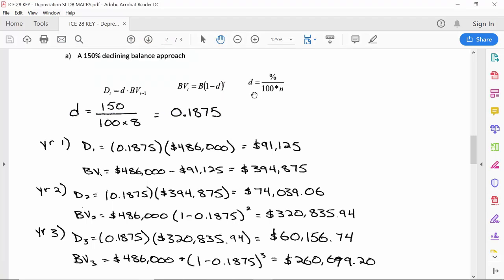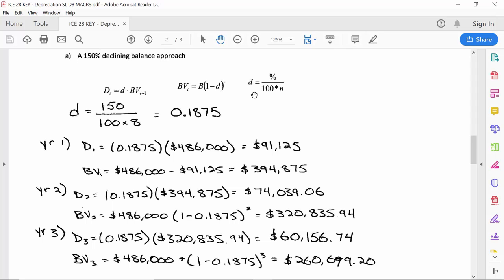There are two different ways you could calculate the book value. Look here at year 2, where I'm finding the book value of year 2. You could use the book value in year 1 and then subtract the depreciation amount in year 2. So 394,875 minus this 74,039 gives you the book value at the end of the second year. So that's one way.